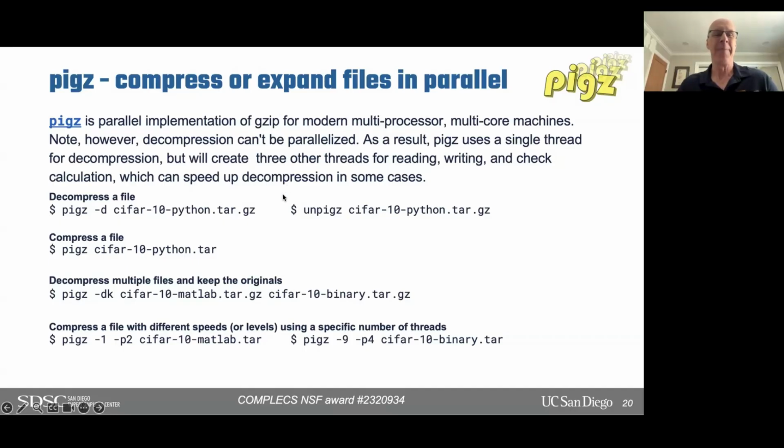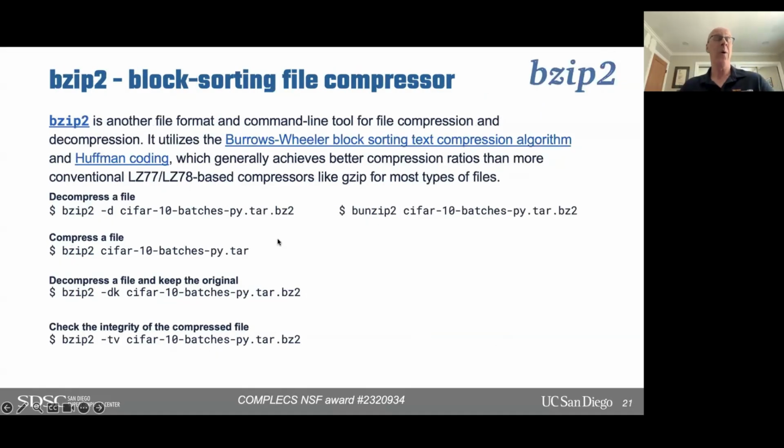Thanks, Derek. All right, so moving on, we also have a tool called bzip2. This is another file format and command line tool for file compression. You're going to use this exactly the same way that you use gzip. Most of the arguments are the same.